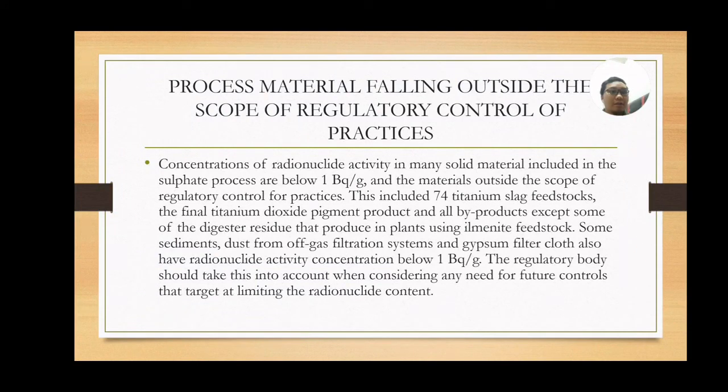Some sediment, dust from off-gas filtration system and gypsum filter cloths also have radionuclide activity concentration below 1 Bq per g. The regulatory body should take this into account when considering any need for future control that targets limiting the radionuclide content.